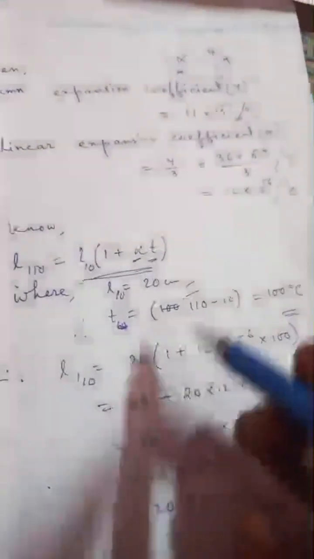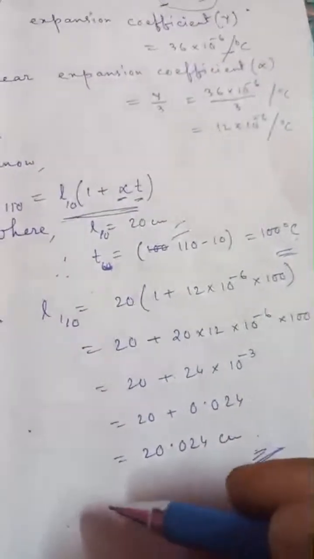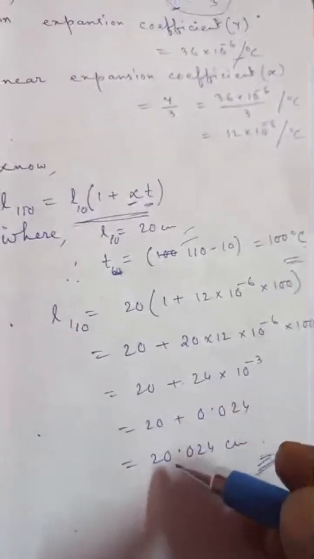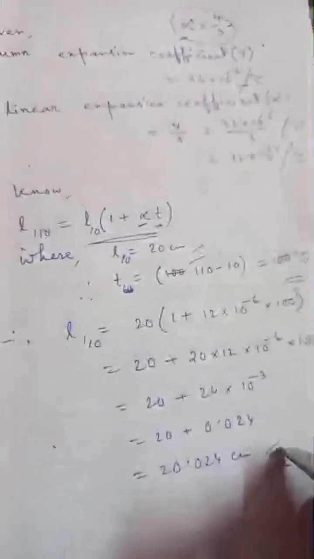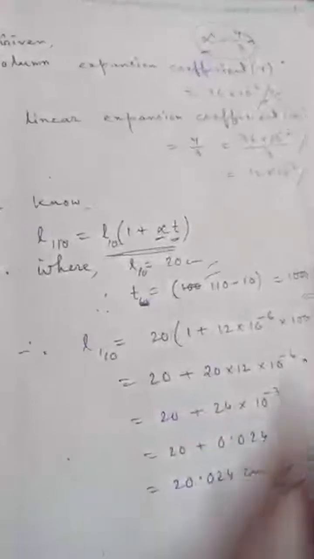After putting these values in the equation, we get the length of the iron rod at 110 degrees centigrade as 20.024 centimeter. So 20.024 centimeter will be the answer.